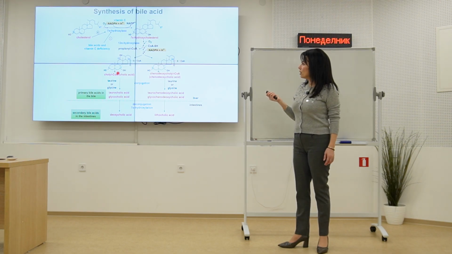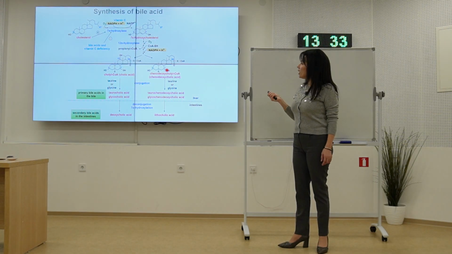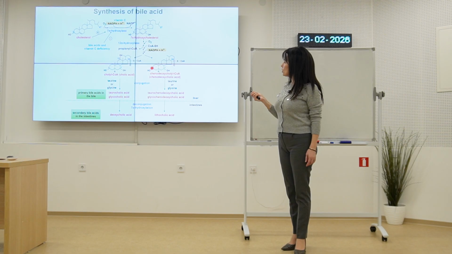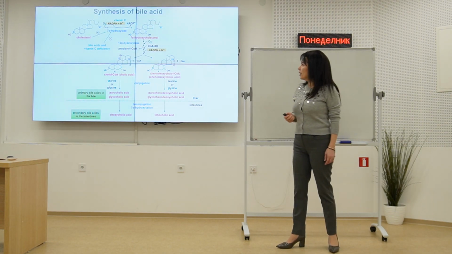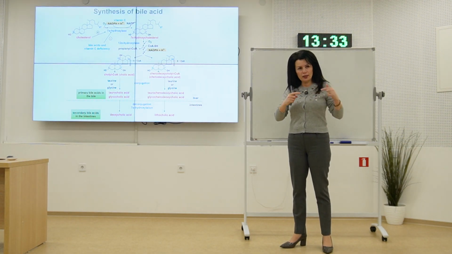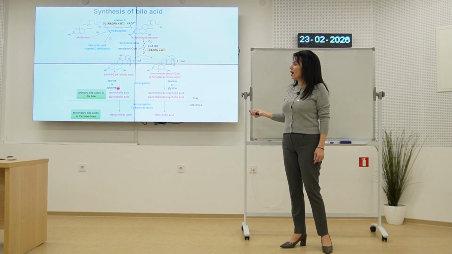The first ones are called cholic, with hydroxyl groups on positions number 3, 7 and 12. And chenodeoxycholic, with hydroxyl groups on positions 3 and 7 only. After that, they could be conjugated with taurine or glycine.